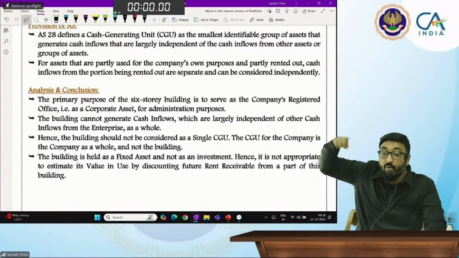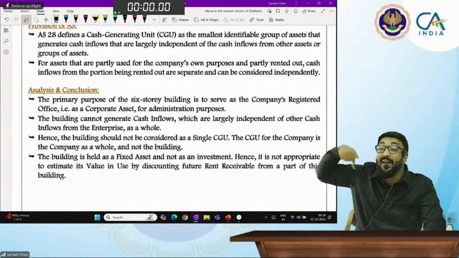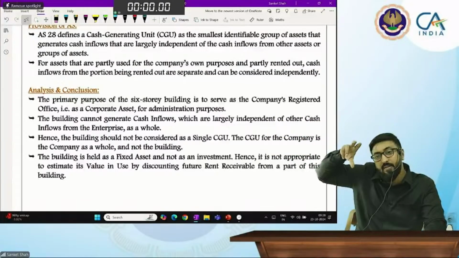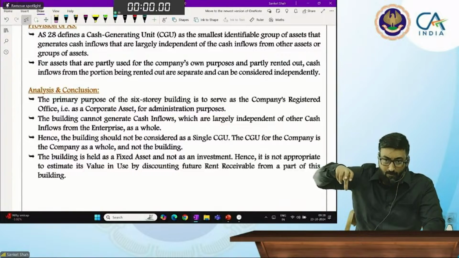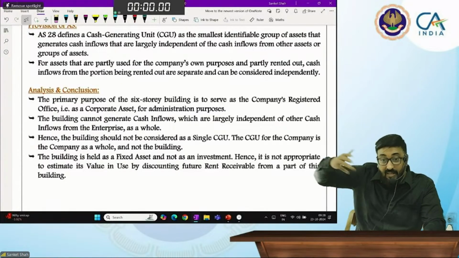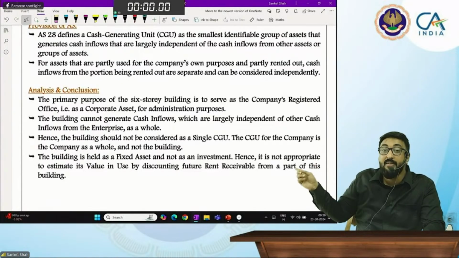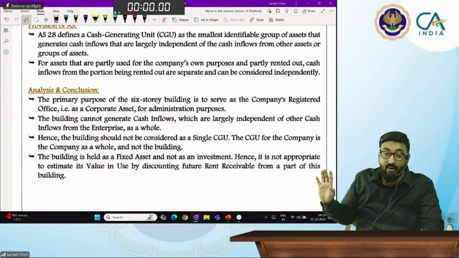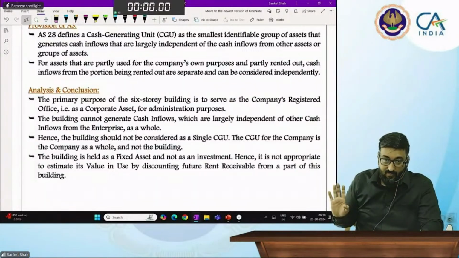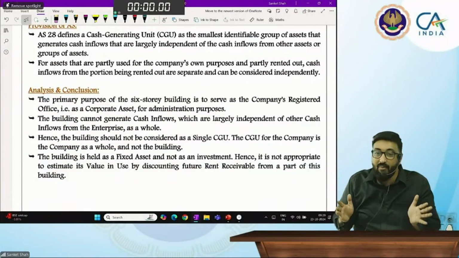I will consider only my business inflows. I won't consider what is given for rent. So only 2 floors I will consider in my CGU. And the building I will show as an asset.